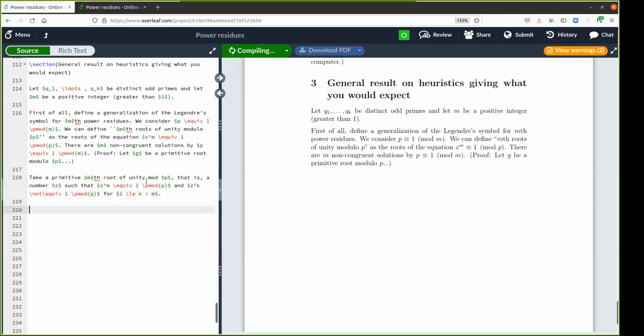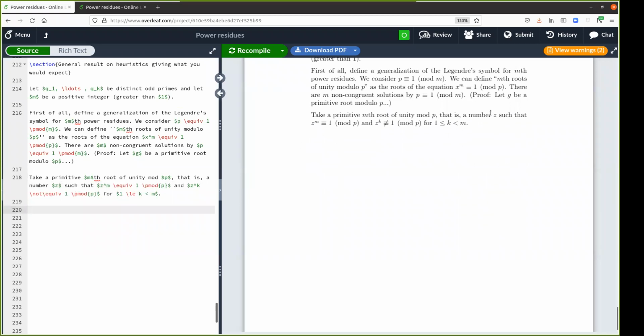I can take a primitive root of unity modulo p as well. So the definition is the same as for complex numbers: a number z such that the order of z modulo p is equal to m. And it's not very difficult to see that such a number exists.